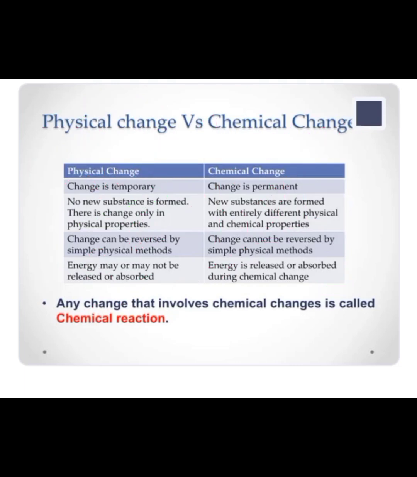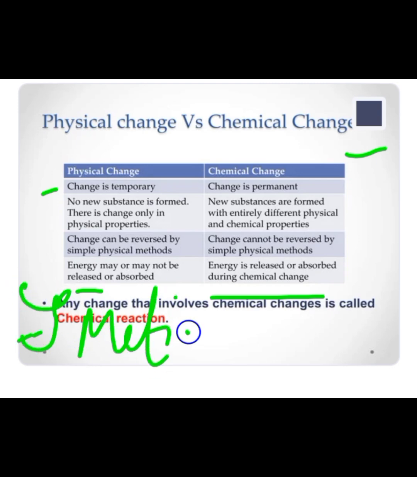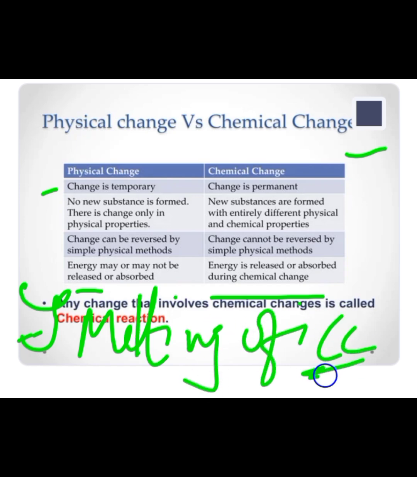So these are the following points of differences between physical and chemical change. Along with that, you can cite the examples of the physical and chemical changes like melting of ice is a physical change. Boiling of water is a physical change.